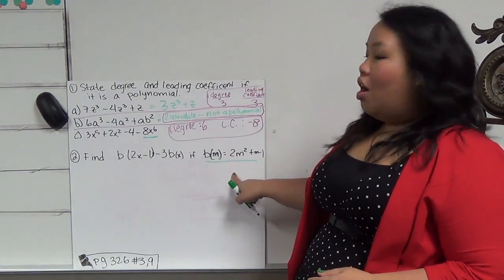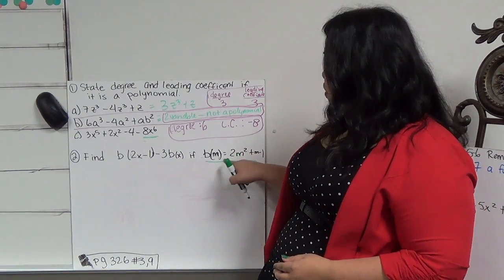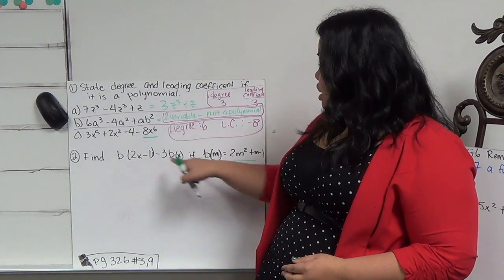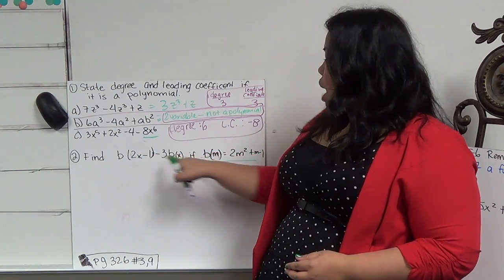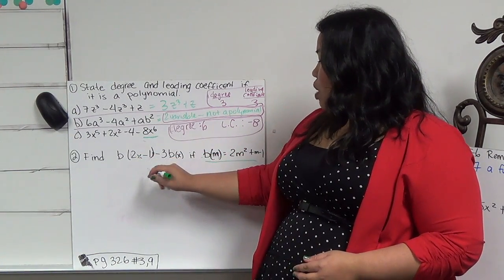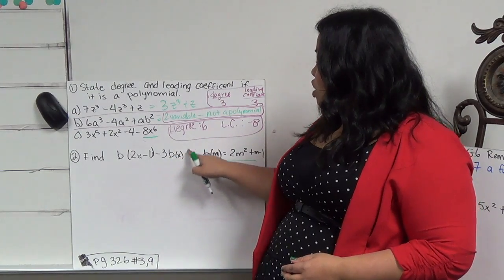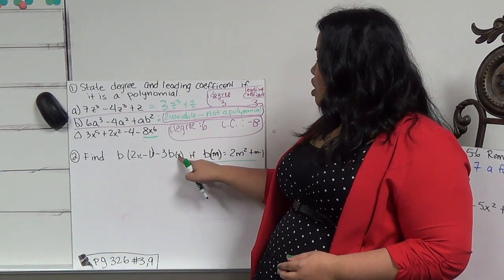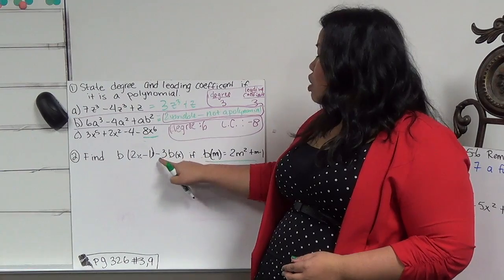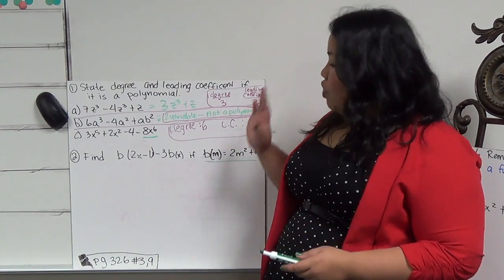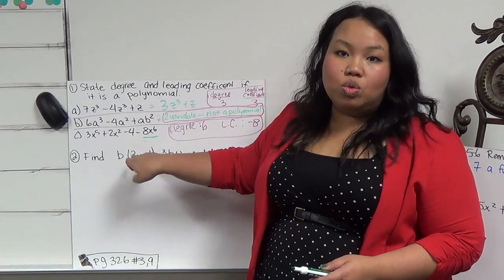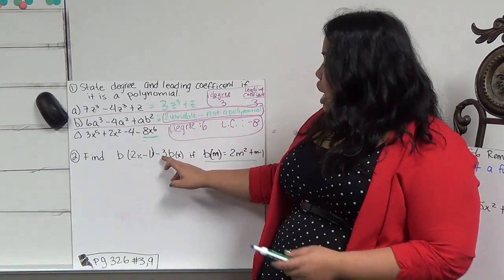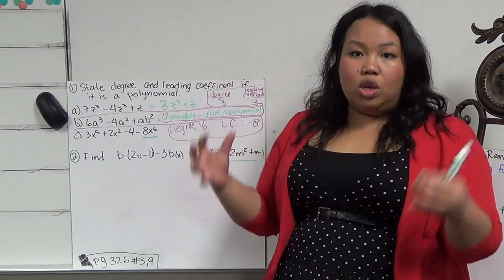And everything on the inside of anything that has the letter m, because this used to be b of m, right? I'm going to replace it with 2x minus 1. On this one, I'm going to take the whole equation and replace everything for x, and then I'm going to multiply it by negative 3. So the difference is this one is in the parentheses. So the one in parentheses replaces the actual variable. On the outside means that I apply it to the whole equation.